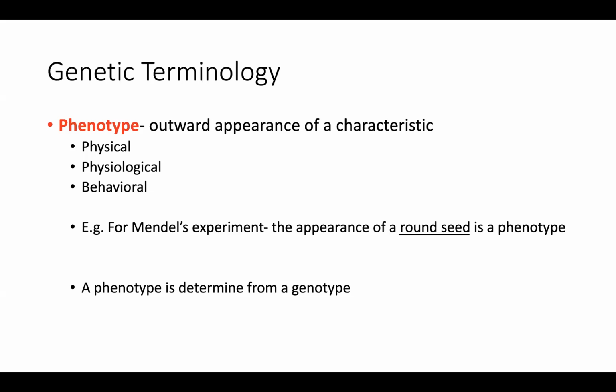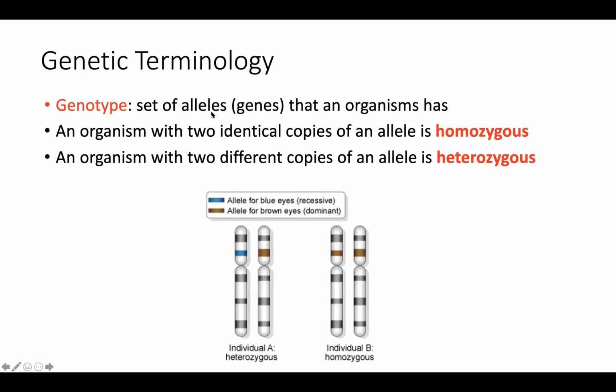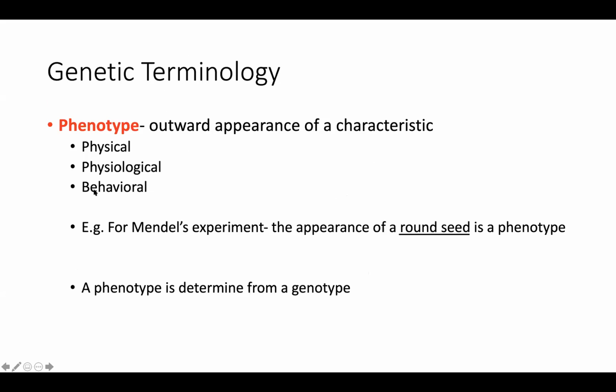Yes. Okay. So the main point we're making here is we're learning our new terms. We said our genotype was the set of all of the genes that we have in our bodies, and our phenotype is the physical features and behavioral features that we exhibit.